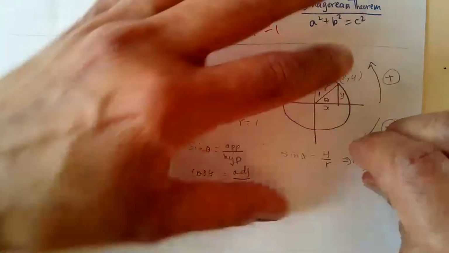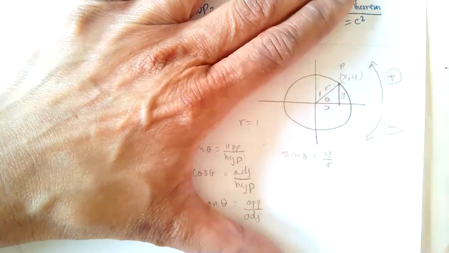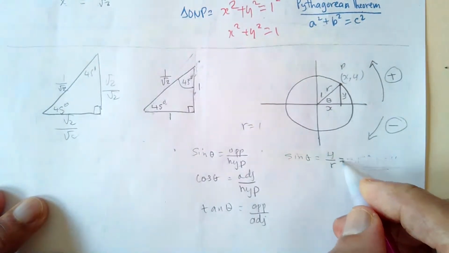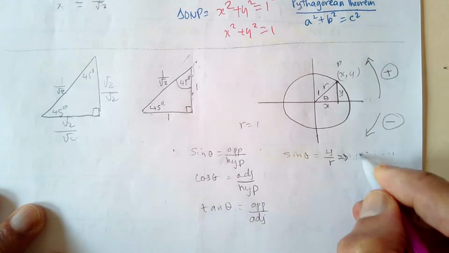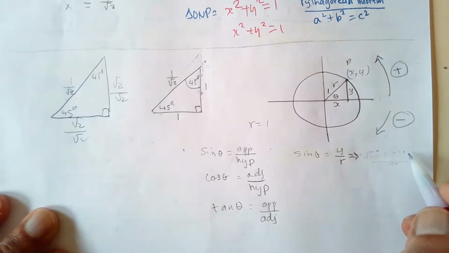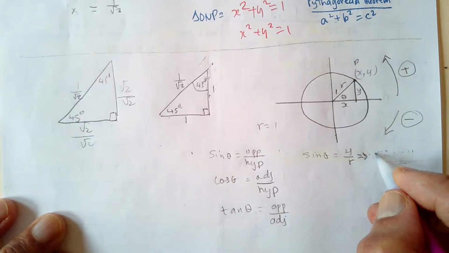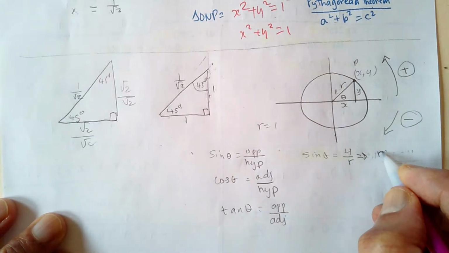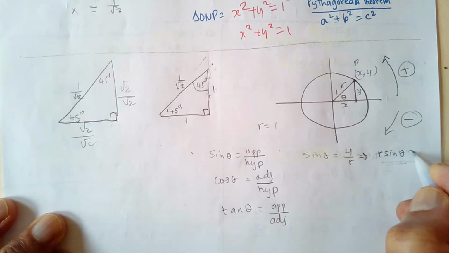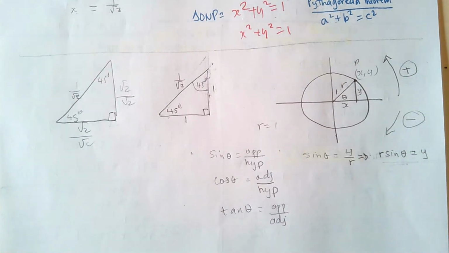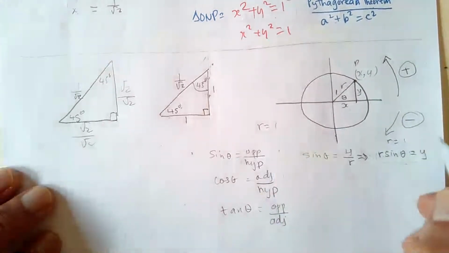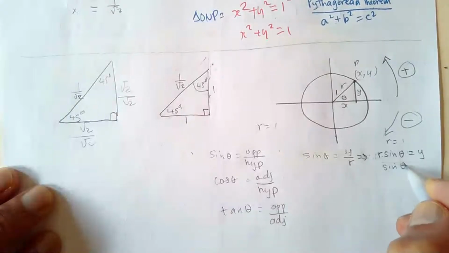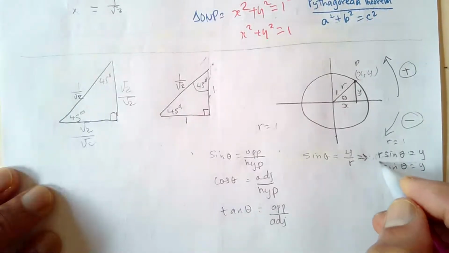Let's simplify this. We have r sine theta is equal to y. Now, since r is equal to 1, we can say sine theta is equal to y, or y is equal to sine theta.